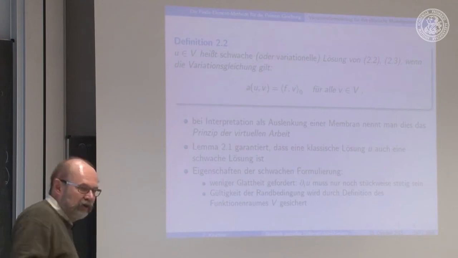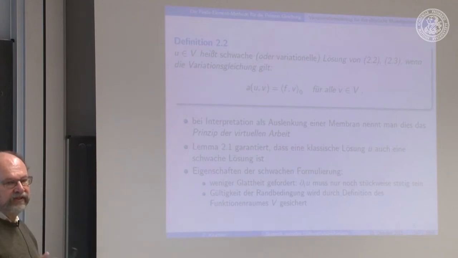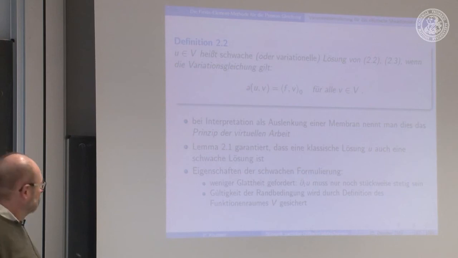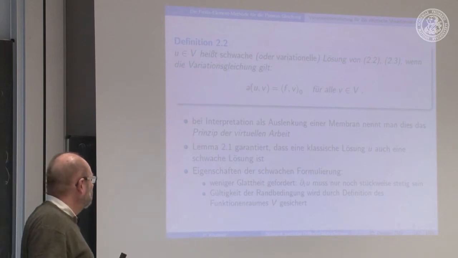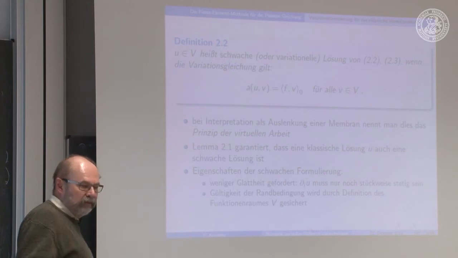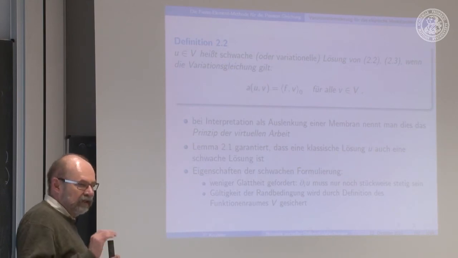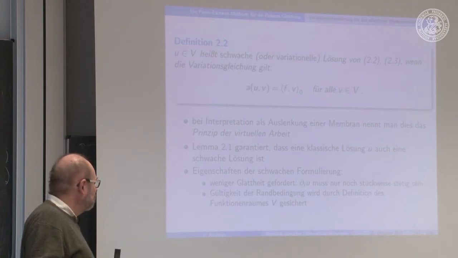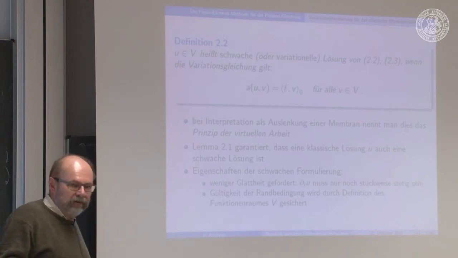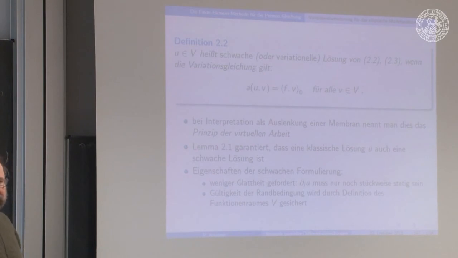So what we have shown up till now is that a classical solution is a weak solution. The strategy will be, and later on we will formulate a framework which will give us all these results, to fix a framework where a weak solution always exists.